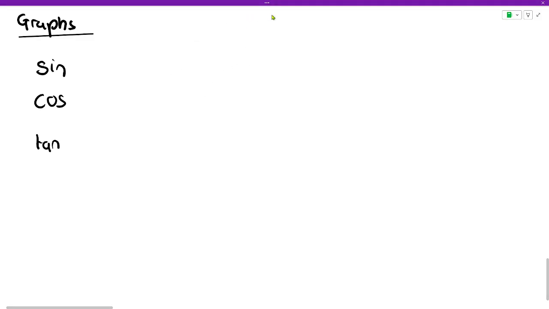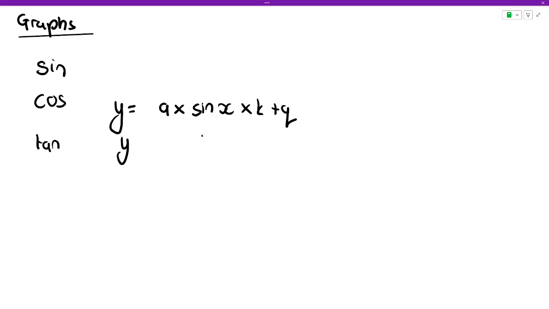There's only three functions, sine, cos, and tan. However, your formula is y equals a times sine of x times k plus q, and this is repeated for cos of x and tan of x. Same thing.